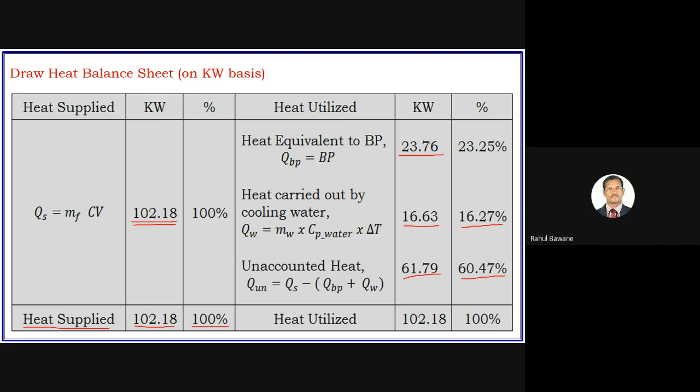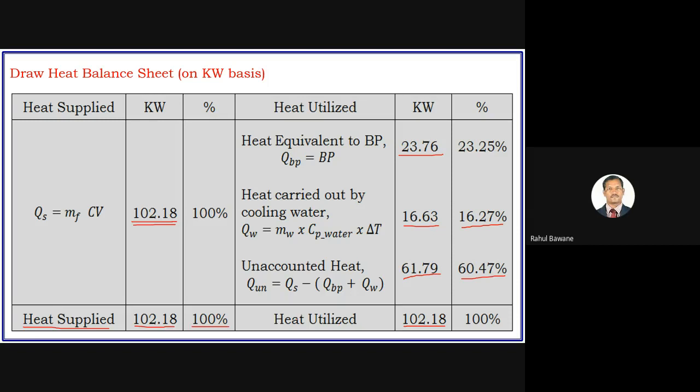Now, when we add these total heats, as we have considered two digits, it might be possible some students consider 3 or 4 digits. So when we directly add, it is possible that 102.18 will not be matched. It may be 102.17, like that.